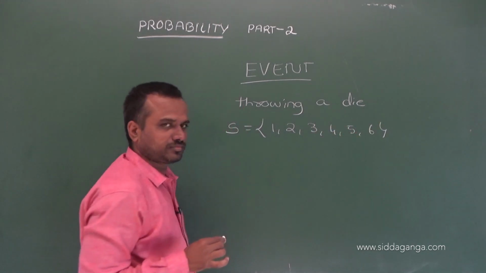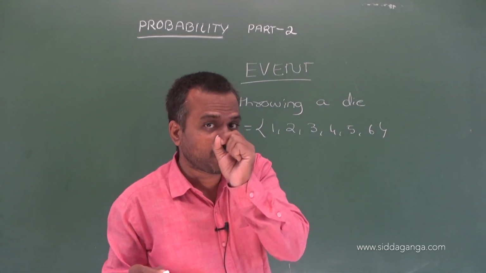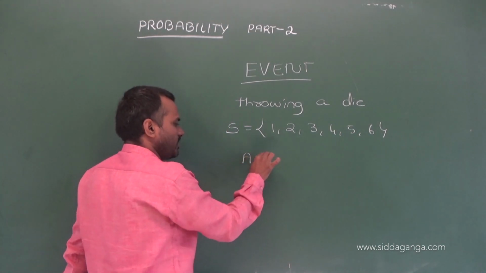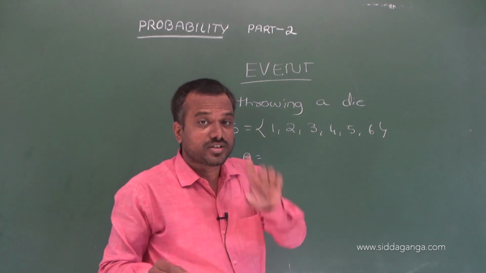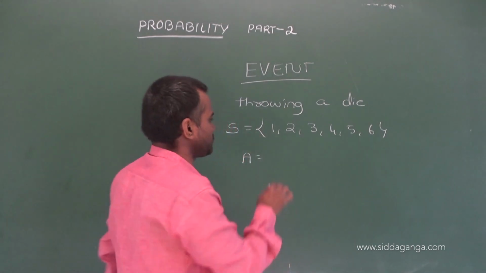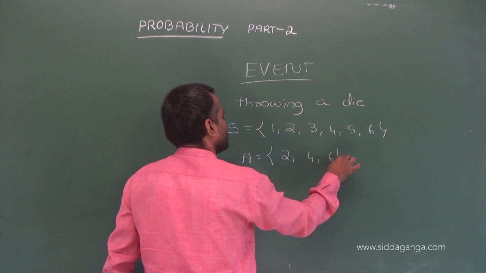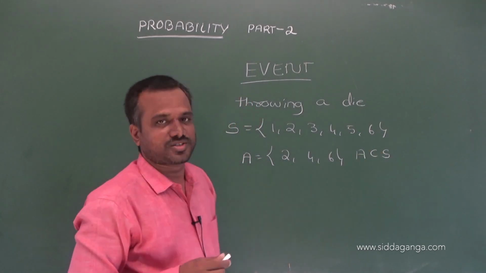Throwing a die. Then I write one more subset such that I call it as A. It contains only the even numbers of the sample space: 2, 4, 6. No doubt A is a subset of S, yes.